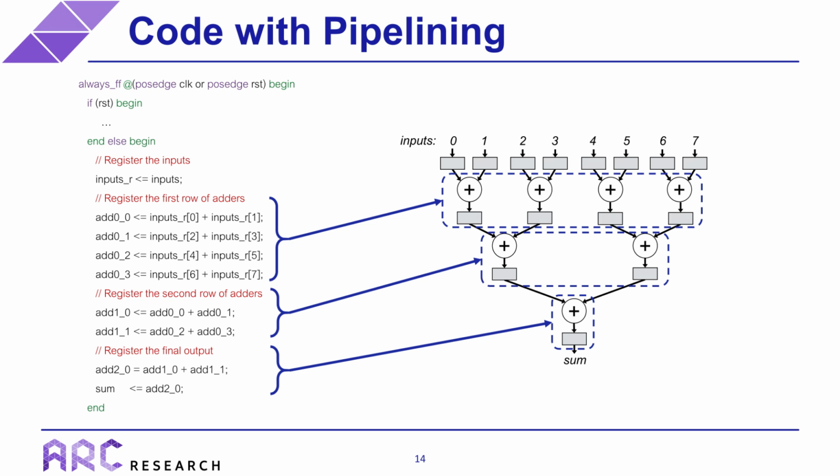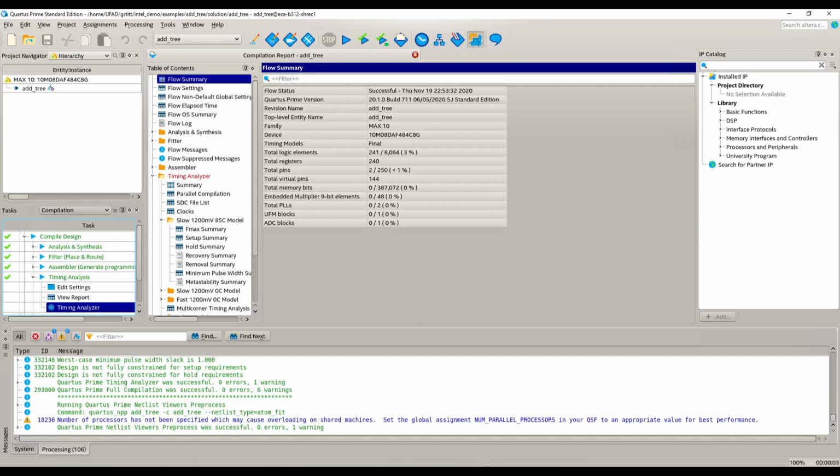Alright, so now let's jump back into the timing analyzer and see how things have improved with this pipelining. Alright, so here we are back in Quartus, but now we are using our optimized pipelined version of the adder tree. And I've already compiled this, and you can see something significantly different in the compilation report. So under the timing analyzer section, previously we saw basically that two of these three models did not meet timing constraints, and now all three of them do.